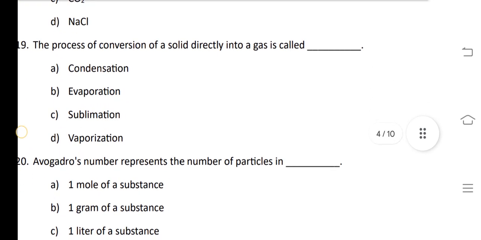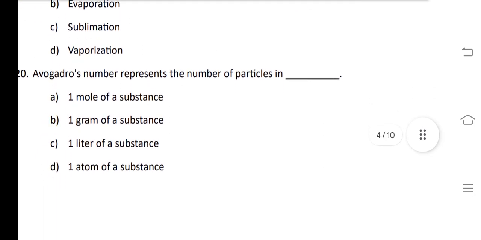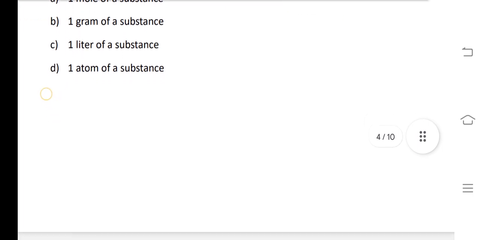Our next question: the process of conversion of solid directly into gas is called sublimation, and the reverse of this is also known as sublimation. Our next question: Avogadro number represents the number of particles in 1 mole of a substance.